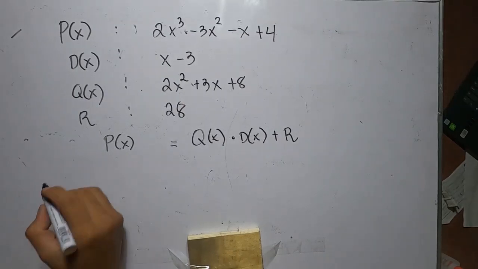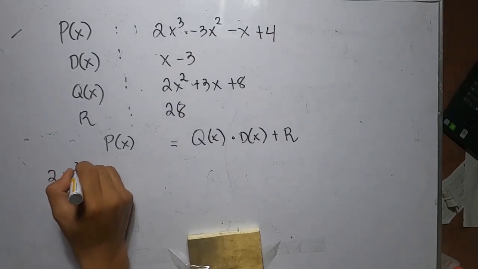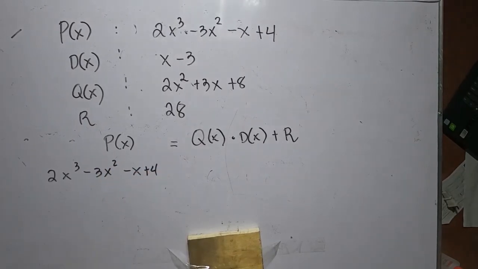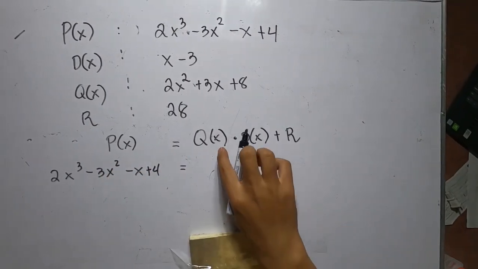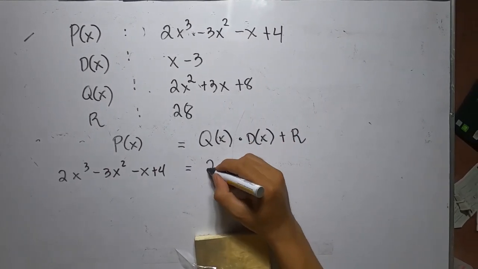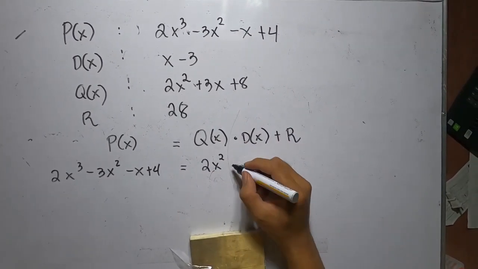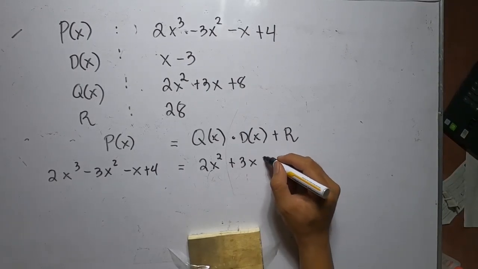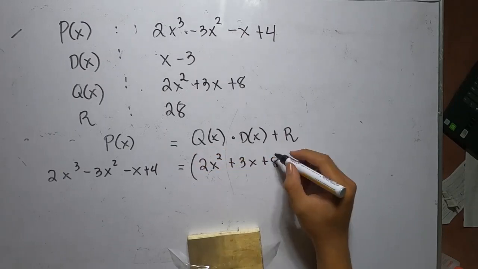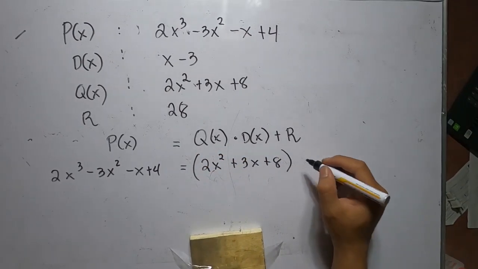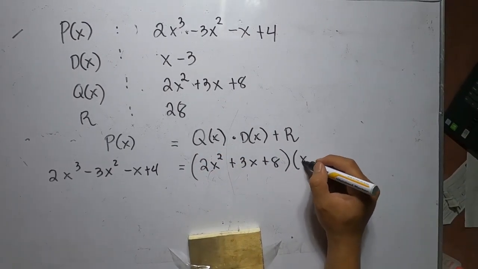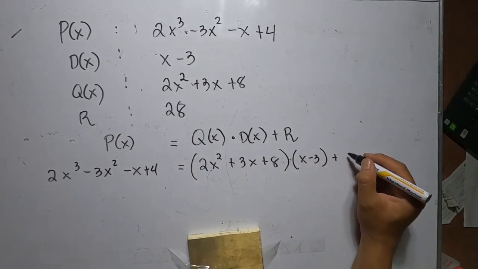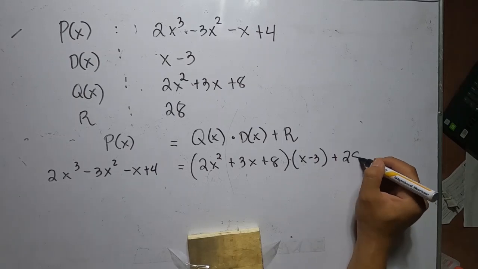P of x, 2x cubed minus 3x squared minus x plus 4, should be equal to the quotient, 2x squared plus 3x plus 8, multiplied by x minus 3, which is your divisor, added by the remainder, which is 28.